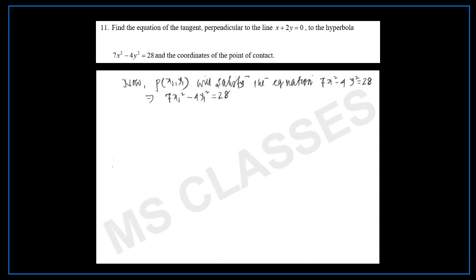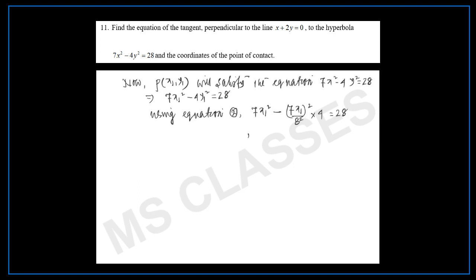Now we can say using equation 2, what we can write? 7x1 squared minus 4 into (7x1) whole squared by 8 squared equal to 28.